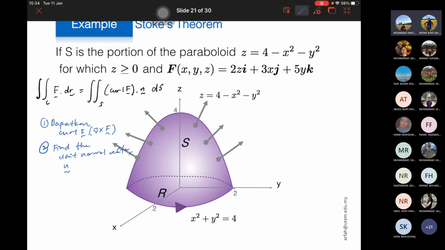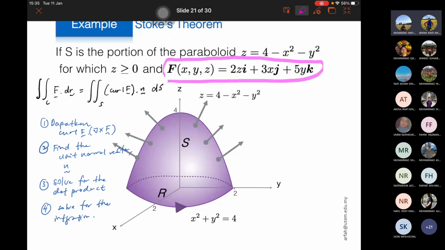That is this one. Step ketiga, solve for the dot product. And then step keempat, solve for the integration. Okay. So you were given vector F. This is vector F. Okay.